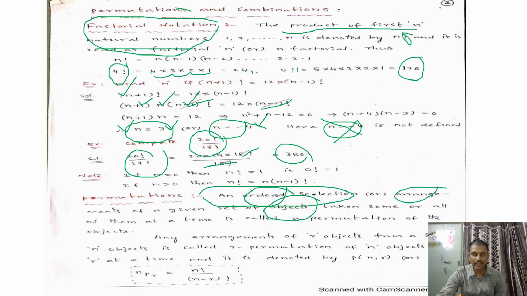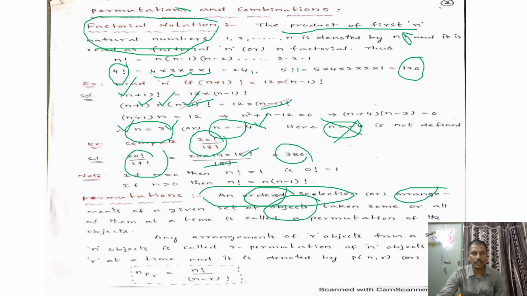If some objects are given to us and we select those objects in an ordered way or arrange them, then it is said to be a permutation. So an ordered selection or arrangement of a given set of objects, taken some or all of them at a time, is called a permutation of the objects.